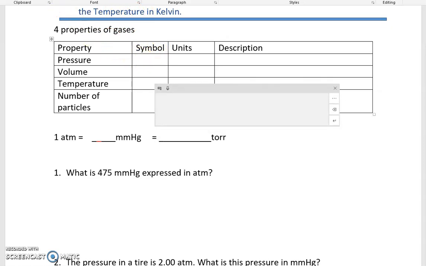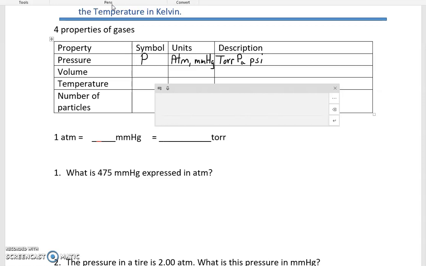The symbol for pressure is P. The units for pressure are atmospheres, which we will commonly use, millimeters of mercury, which harkens back to using a barometer, torr, pascals, Pa, and the English system uses PSI. So if you look at your tires in your car, they measure pressure as PSI.